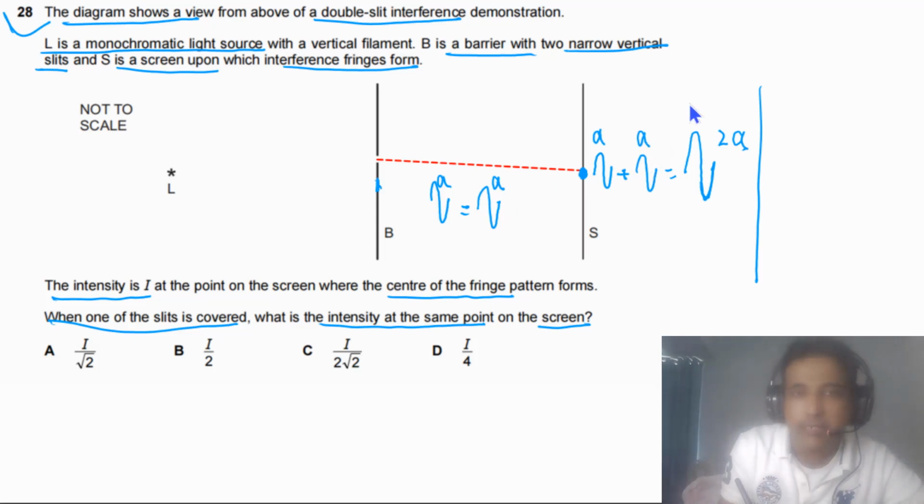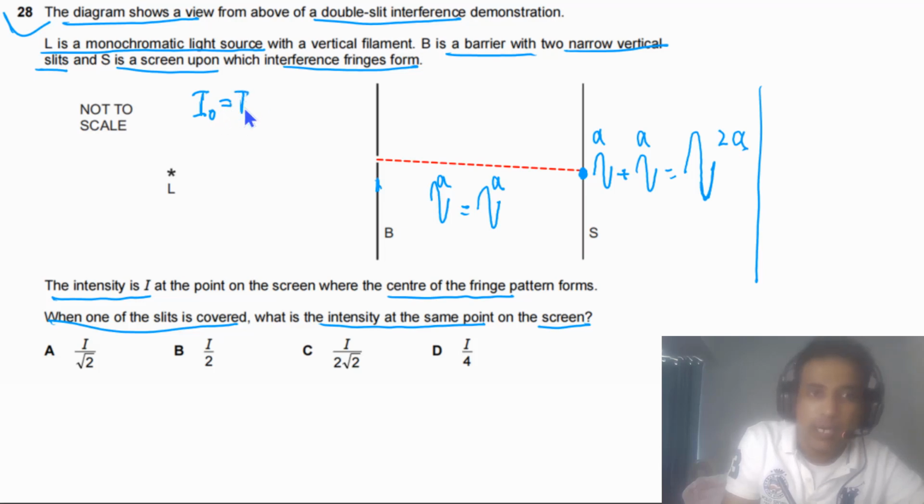So for case 1, we can say we have I naught, this is equal to I in this case, meaning the intensity given to us is equal to I, and this has to be equal to K times A square, where this amplitude is A naught. And for the second case, we can say the intensity is I1.